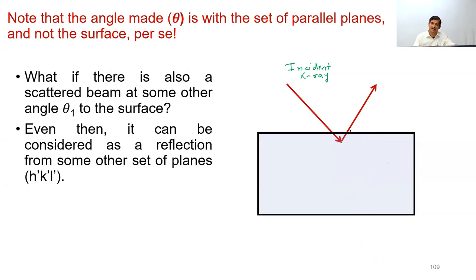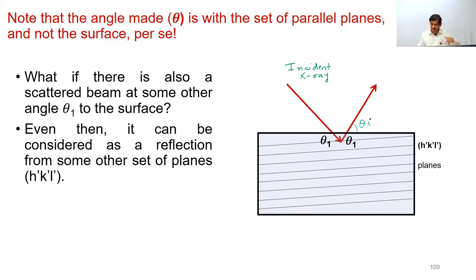Let that angle be, say, theta1 to this surface. If we see such a beam in some other direction, then even for this condition, the incident X-ray and the diffracted X-ray are once again related by the reflection geometry to some other set of planes, H prime, K prime, L prime.